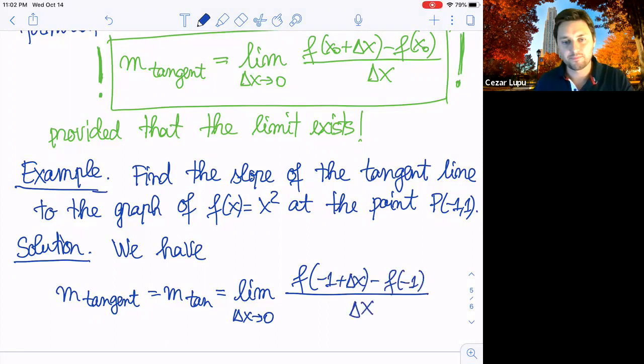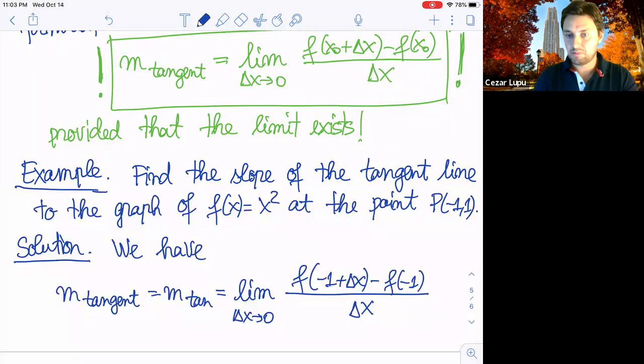Keep in mind that the point P of coordinates -1 and 1 is on the graph of our function f of x equals x squared. Why is that? Well, simple, because f of -1 will give you 1. So -1, everything squared, is just 1. Okay. So that's the formula, as you can see above even.